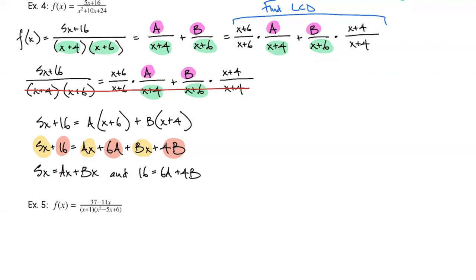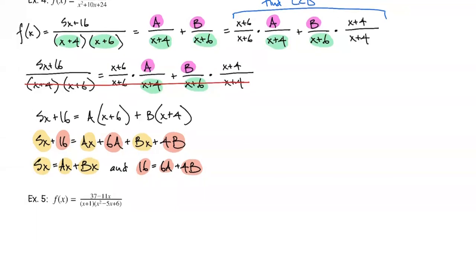Now I argue that we can make this first equation, the yellow one, even simpler. Anyone have any ideas on how we might be able to do that? You could factor out the x. Yeah, you could factor out an x, and then you could even divide it away because it's on both sides and end up with 5 equals a plus b.